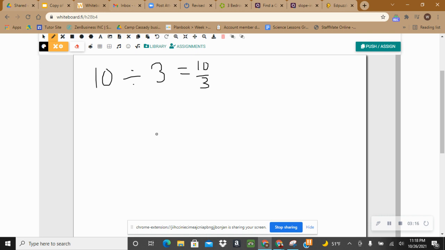So what you can do here is I'm going to draw 3 circles because I'm dividing it into the 3 batches. So my circles are going to represent my denominator, okay? So next, I'm going to put 1.